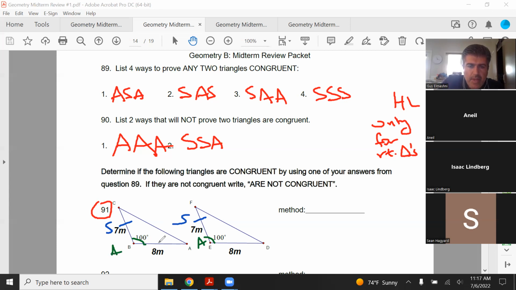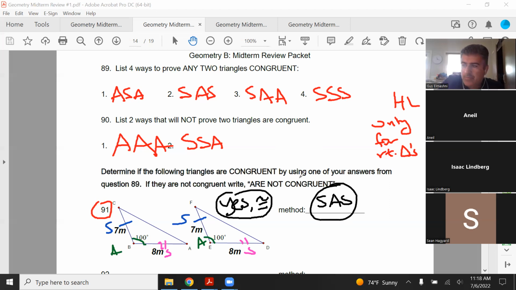And here you got another side. So just look at it, it's SAS. That's it. So yes, they're congruent. Remember, that's a symbol for congruent. And side angle side.